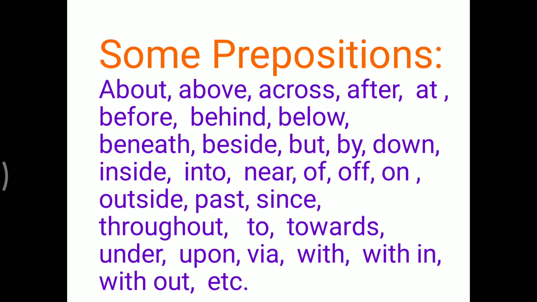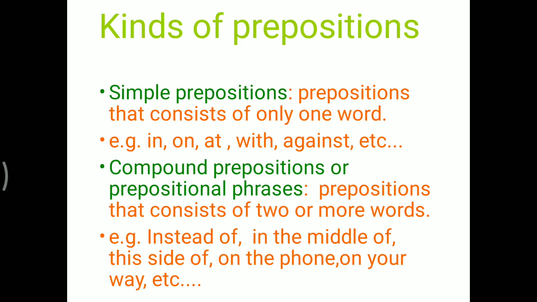About, above, across, after, at, before, behind, below, beneath, beside, but, by, down, inside, into, near, off, on, outside, past, since, throughout, to, towards, under, upon, via, with, within, without. These are some prepositions in English.